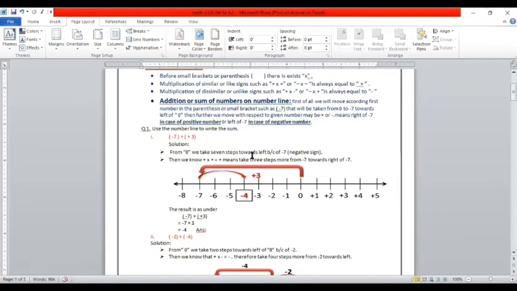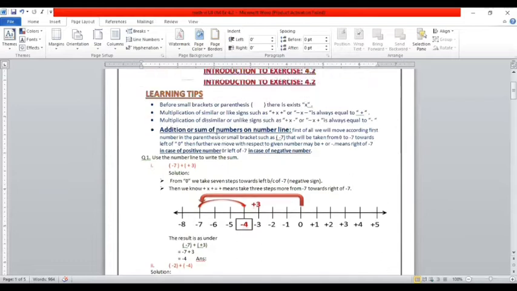Here the student uses the number line to write the sum. First part: the small bracket is started, minus 7, bracket over, plus, second small bracket started, plus 3, and bracket over. Dear student, the first step is to show the minus 7 on the number line.